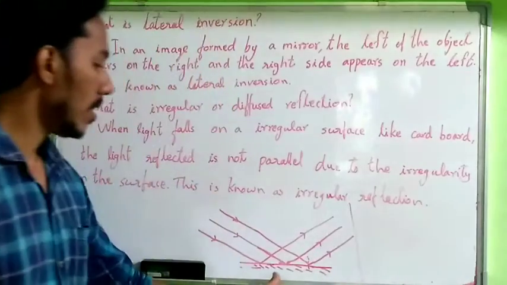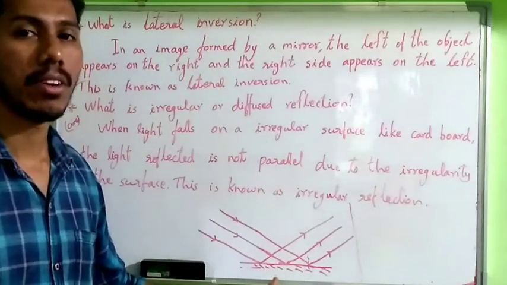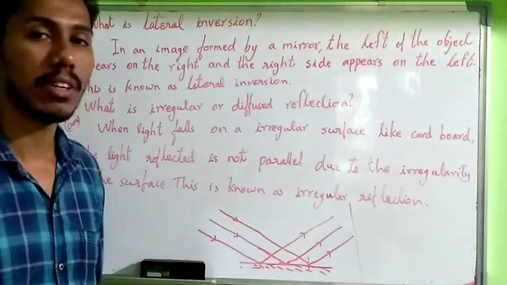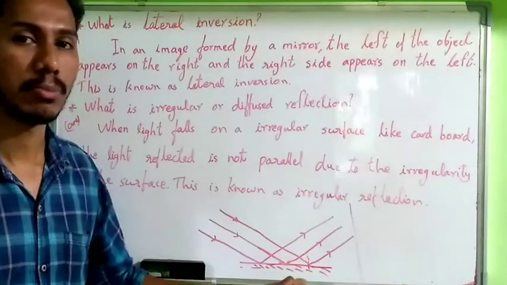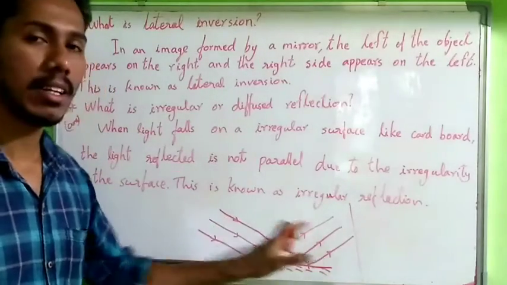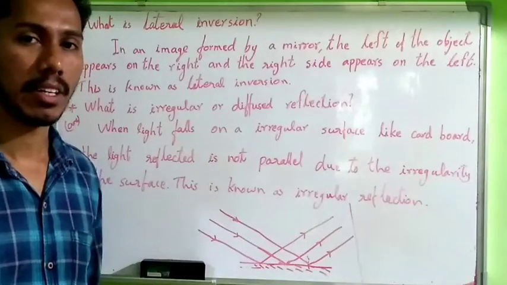This is the case of reflection from a smooth surface. For example, in the case of a mirror, you can see parallel rays in both the incident and the reflected rays.